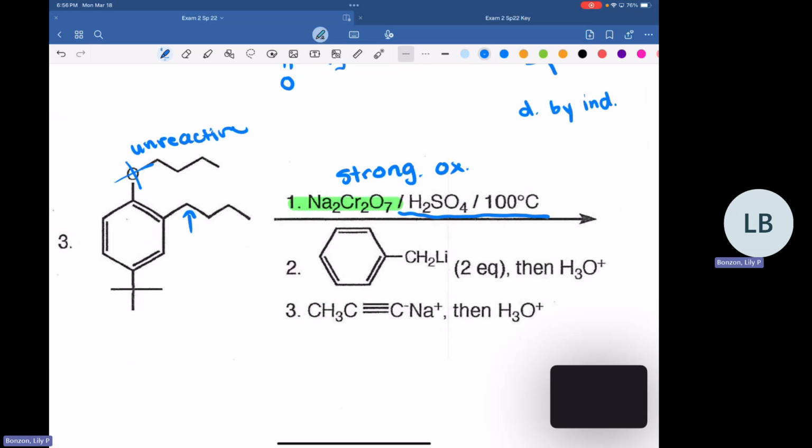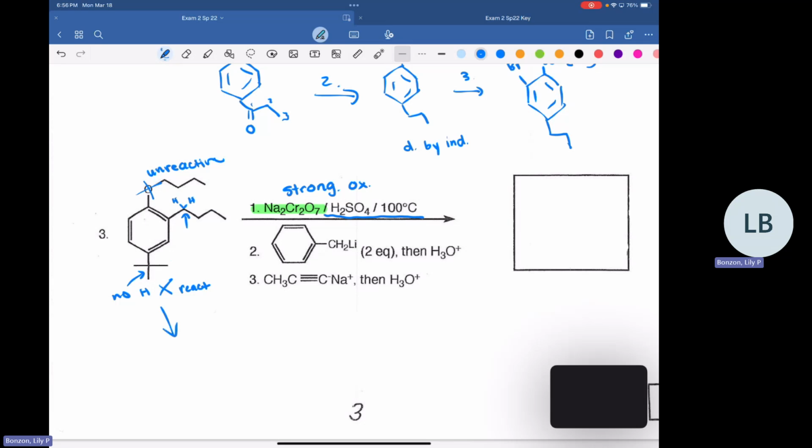And the only exception for this is when we have a tertiary carbon, or technically this one's quaternary. But this carbon has already got 4 bonds to it, so you can't oxidize it. The carbon up here has 2 hydrogens that we can use to oxidize. This one down here doesn't have any hydrogens, so we can't react with it.